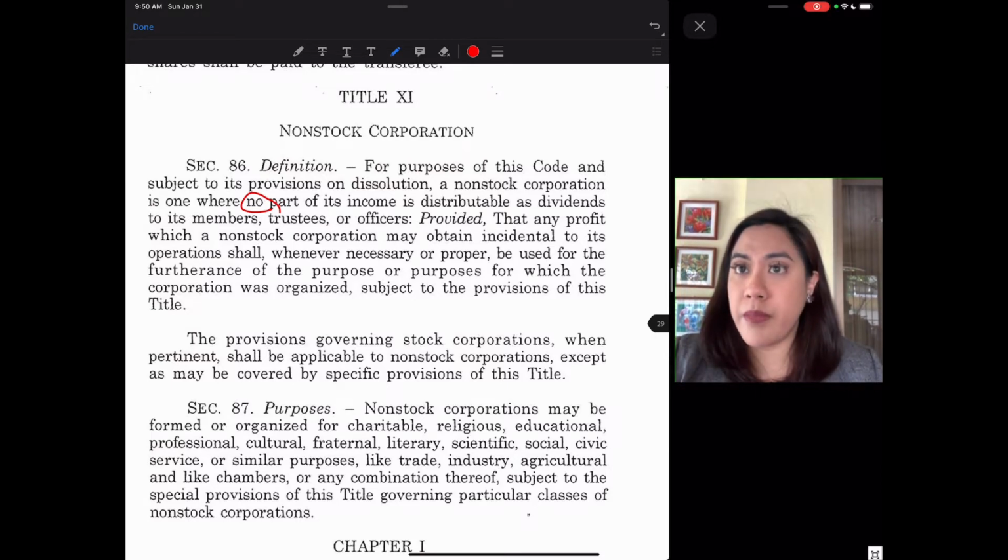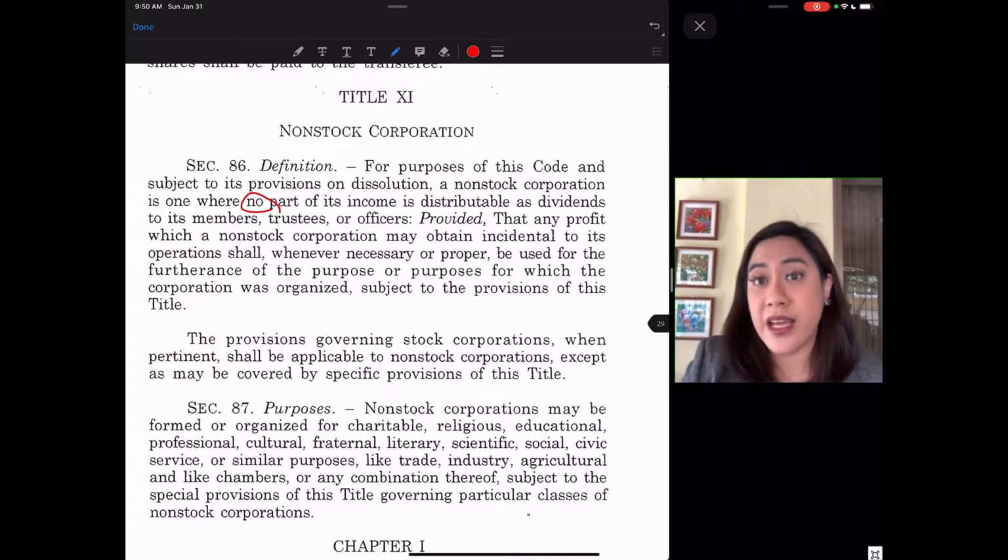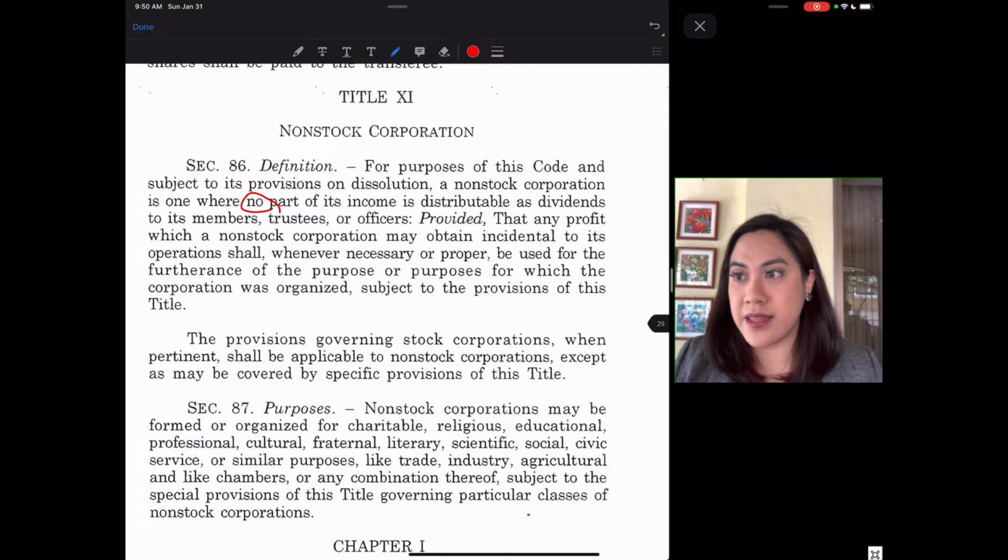Now, there may be some corporations that are governed by nationality laws and that can be incorporated as a non-stock corporation. In those cases, the nationality of the non-stock corporation is computed on the basis of the nationality of its members and not on the contribution, unlike in stock corporations where you look at the outstanding capital stock.